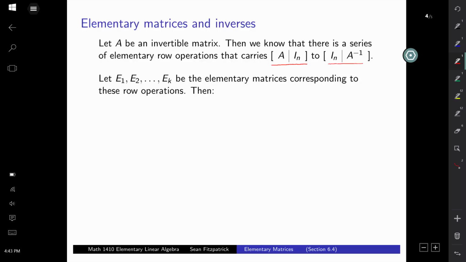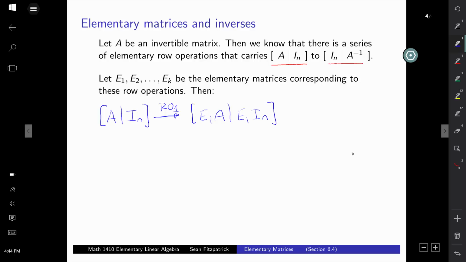And one way to think about this is you start with A and the identity, and you do some row operation, let's call it row operation 1. So you do that row operation to A, and you also do it to the identity. Now we know that doing that row operation is like multiplying on the left by some elementary matrix. And we do that to both A and the identity, right?